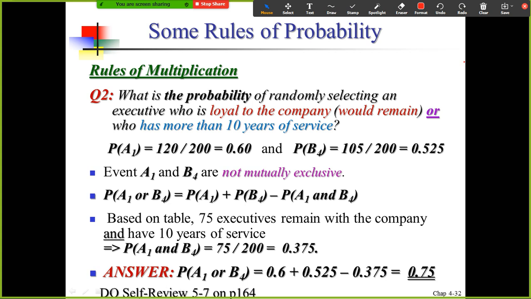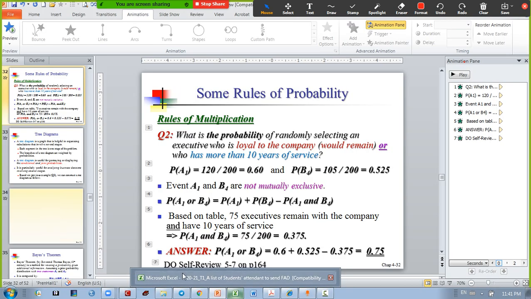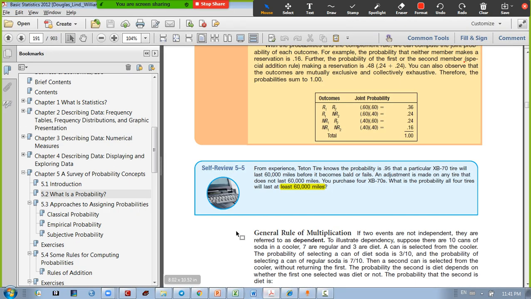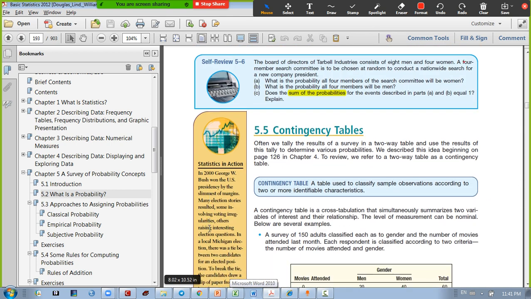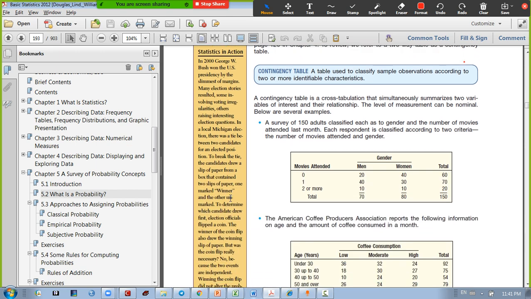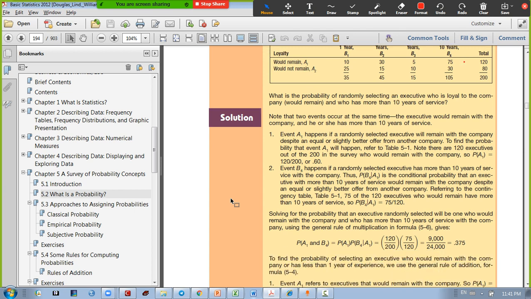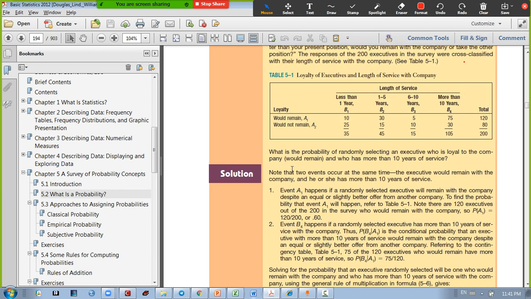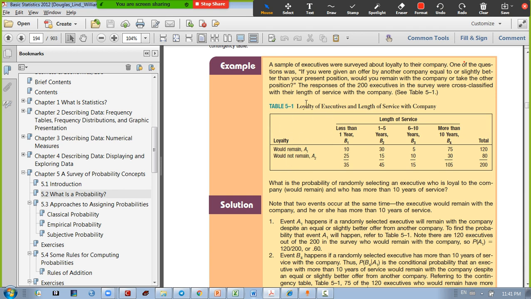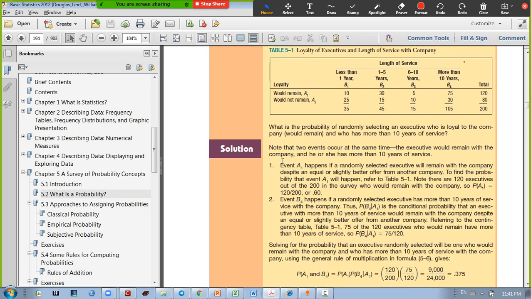Okay, so do Self Review 5.7 on this page 164. Okay, we can go there, 5.7. This 5.6 was the previous movie. Yes, we have an example. You can see the example, but this is similar. This is the same example that I take in the slide. That's why I'm not asking you to study again.